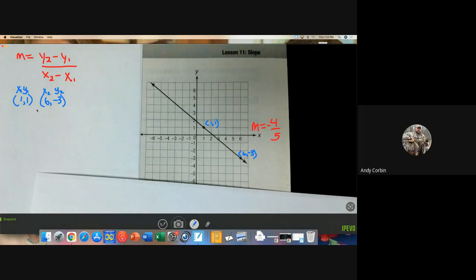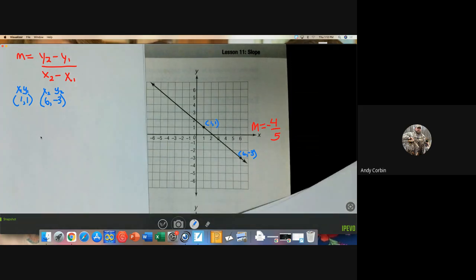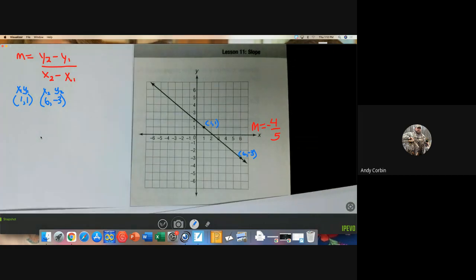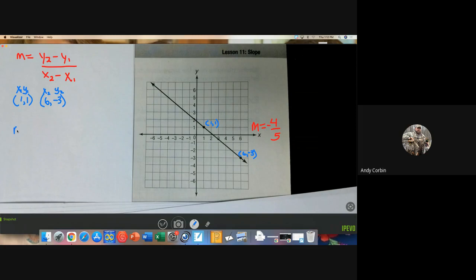So what you do is you take the second y, -3, and subtract the first y. Then you take the second x and subtract the first x. -3 minus 1 is -4. 6 minus 1 is 5.